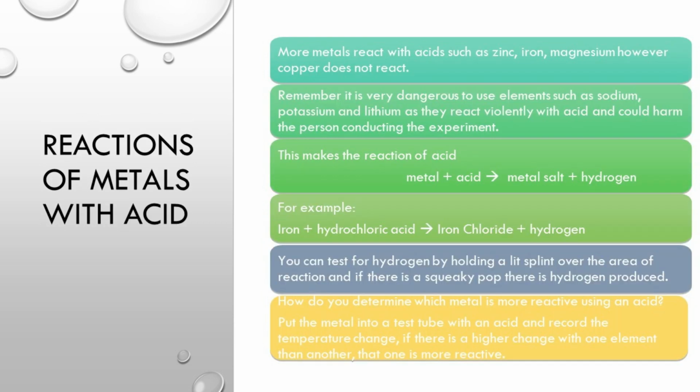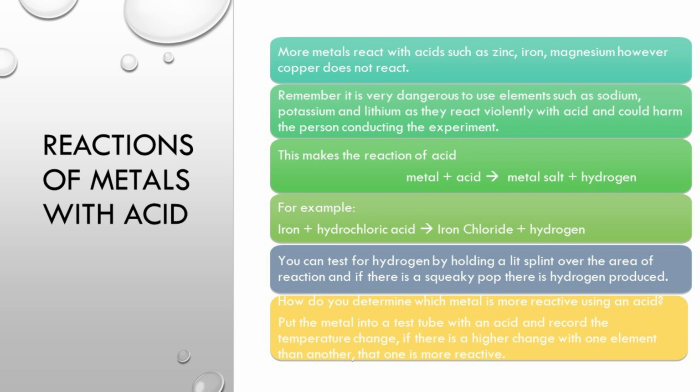The last reaction will be metals with acid. More metals react with acid than water, such as zinc, iron, and magnesium. However, copper does not react. Remember, it is very dangerous to use elements such as sodium, potassium, and lithium, as they react violently with acid and could harm the person conducting the experiment.